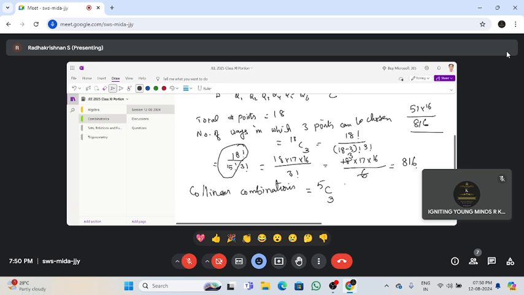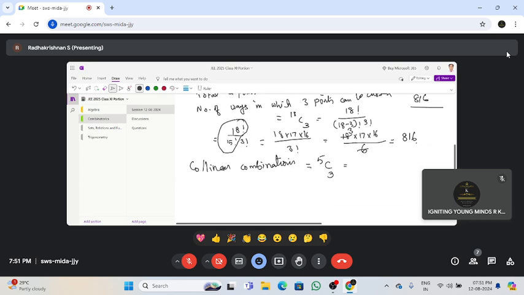Whenever you see something like 5C3, where 3 is fairly bigger, we can simplify it using the formula nCr equals nC(n minus r). So we can convert 5C3 into 5C2, because 5C3 is equal to 5C2.